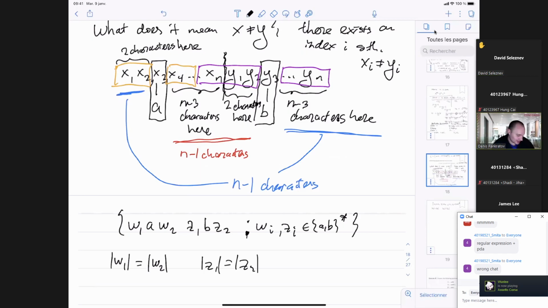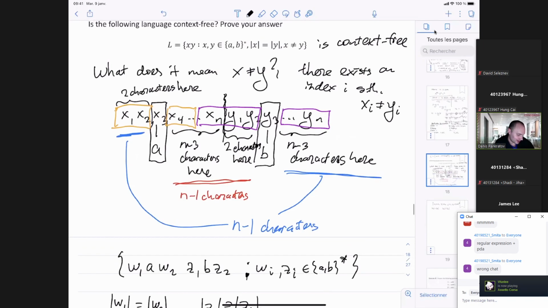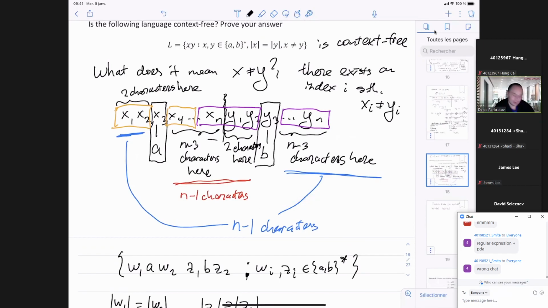Well, it's simply due to the fact that the number of characters in between the two strings is equal to the number of characters outside the two strings. Inside between the two positions. So we have a position x3, y3. The number of characters in between these two positions is exactly equal to the number of characters outside those two positions.